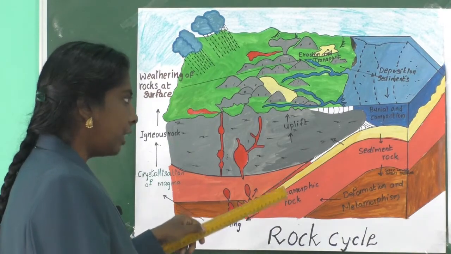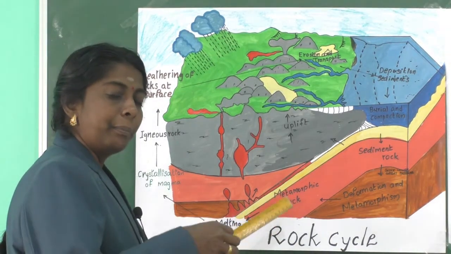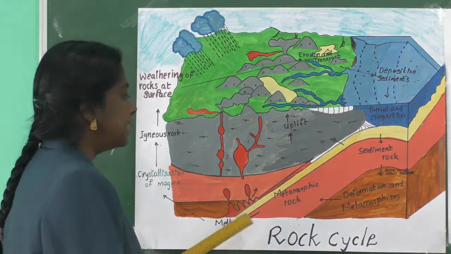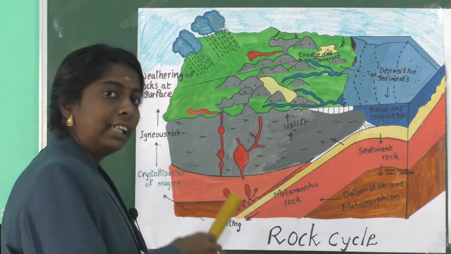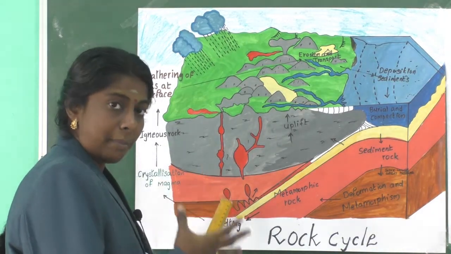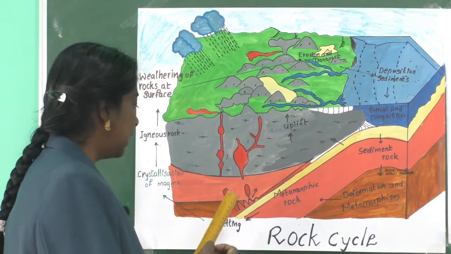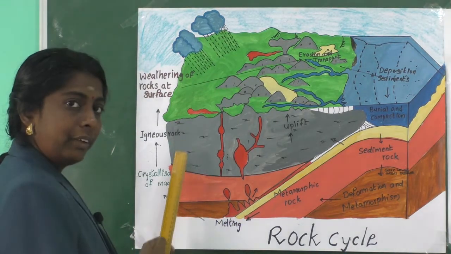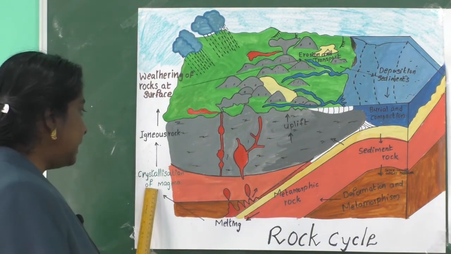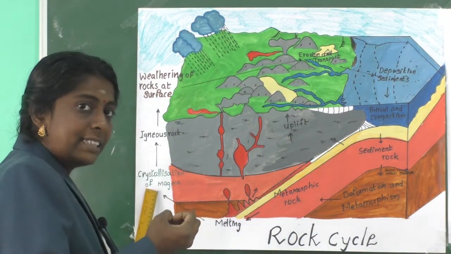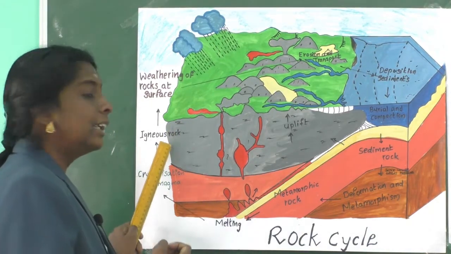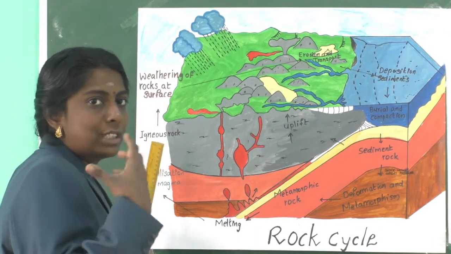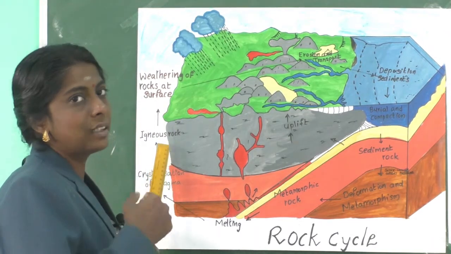This metamorphic rock which will be present deep inside the earth will get melt. It forms magma, then the magma will reach the earth, it will get crystallized and become hardened, cool and solidifies to form igneous rock.